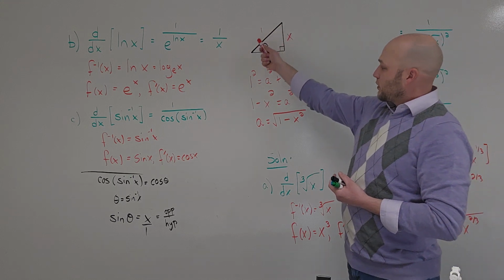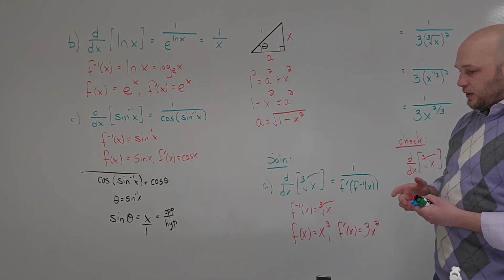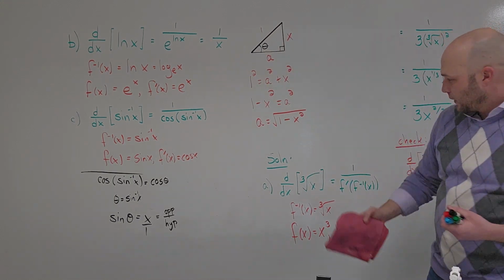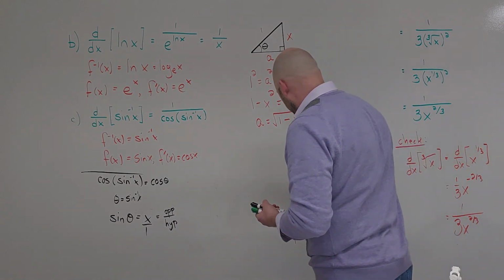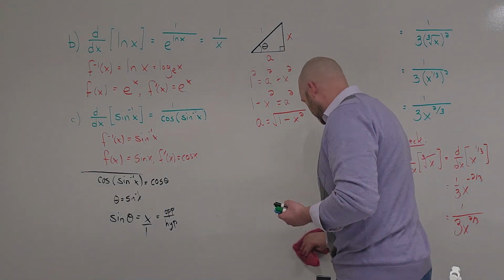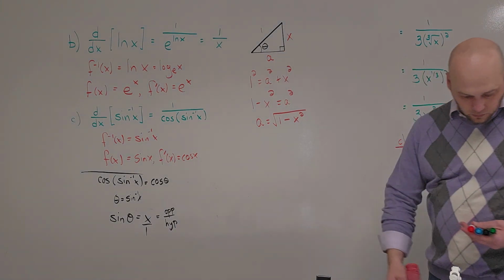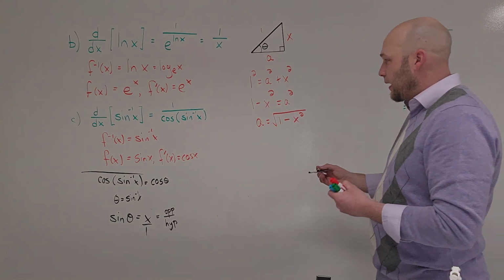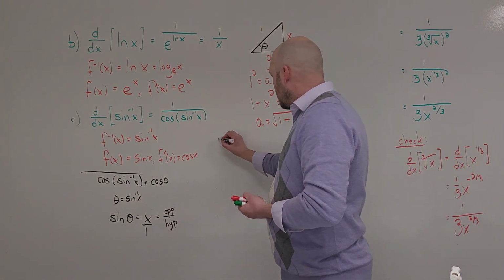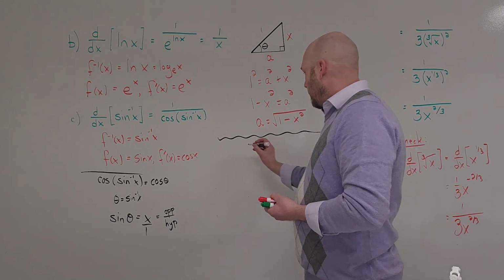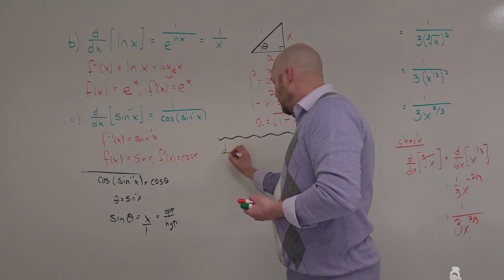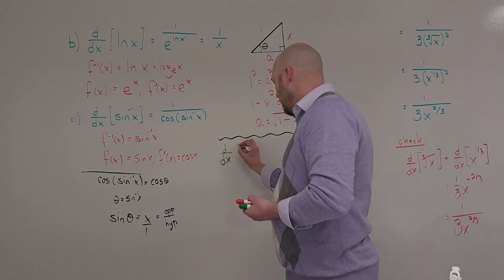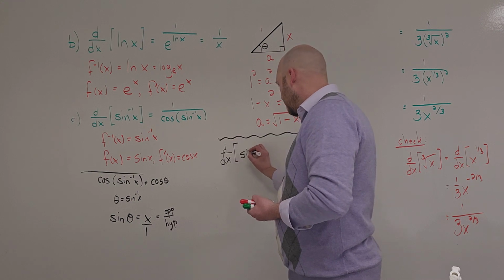Now I have this reference triangle completed, and now let's go back to the beginning of what we were ultimately trying to find. At the very beginning, we were trying to find the derivative of the sine inverse function.